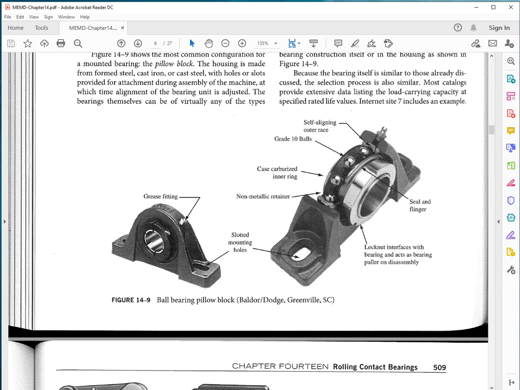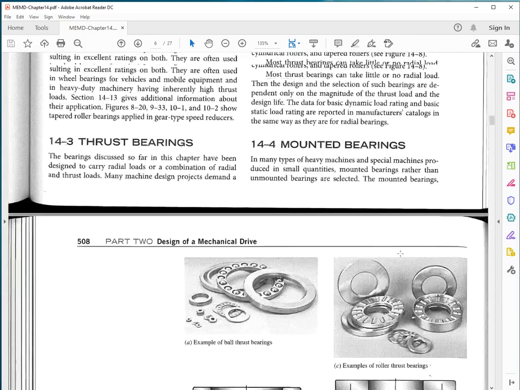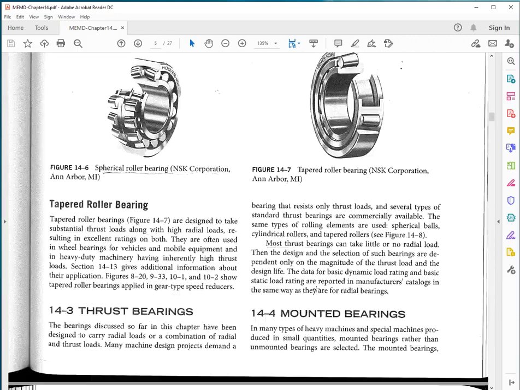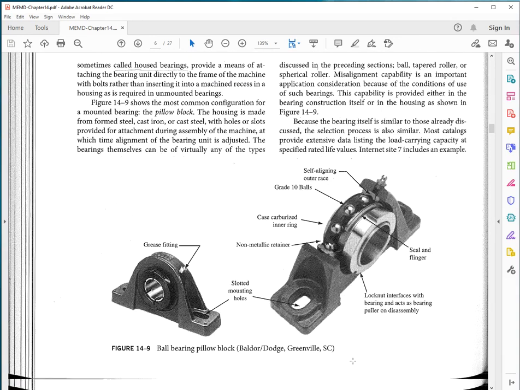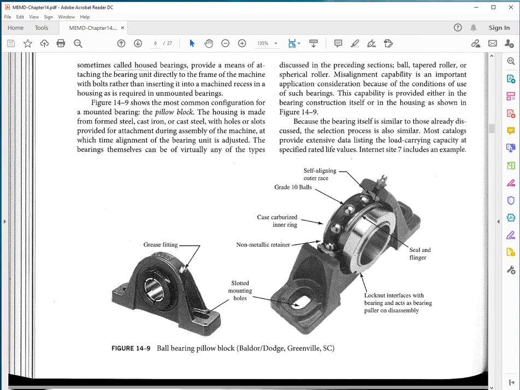Some of them can be self-aligning, similarly to spherical bearings, allowing for the possibility of misalignment.